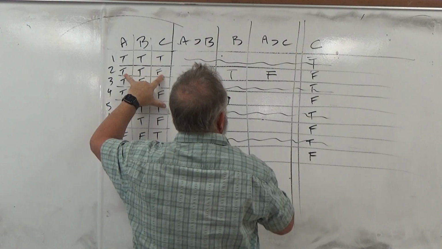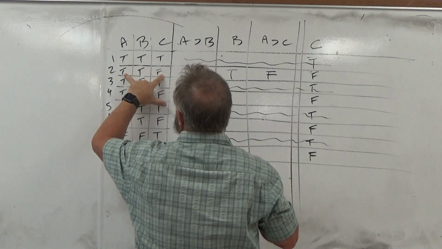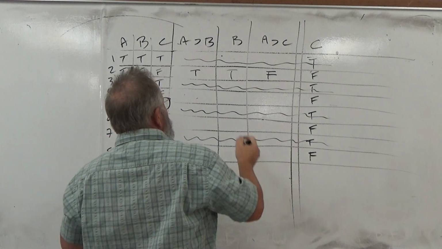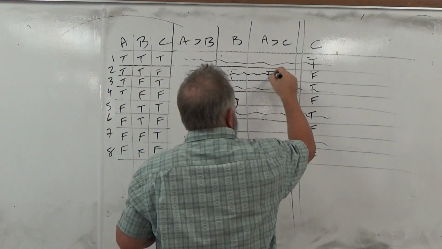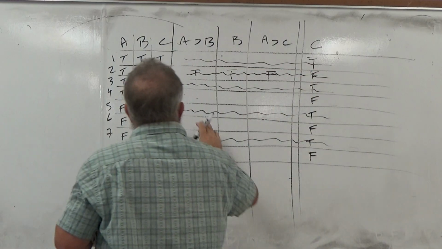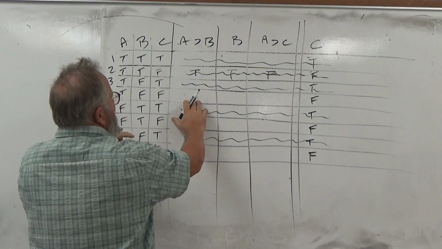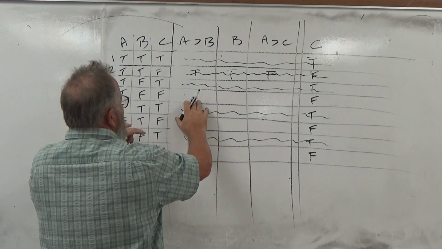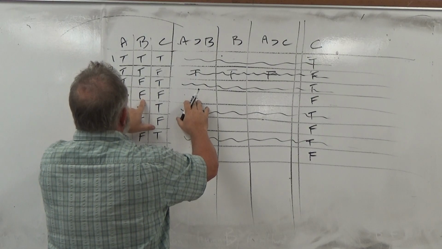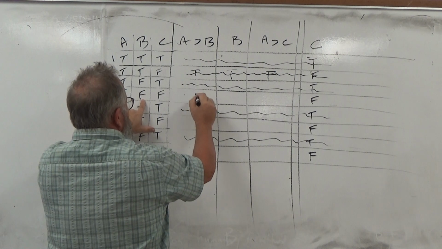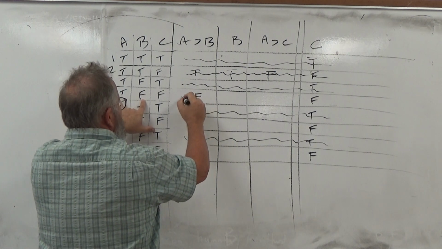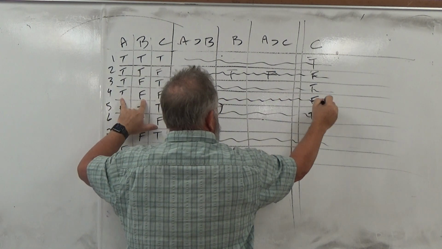Right, false. A then C is false. Okay, so this doesn't show us anything. Let's go to this next line. A then B, true then false is false, so that eliminates this line, right?